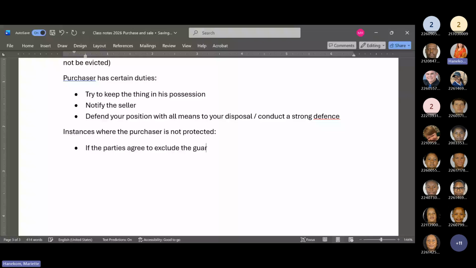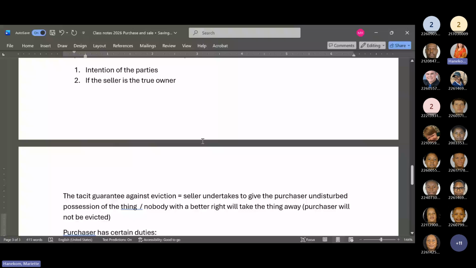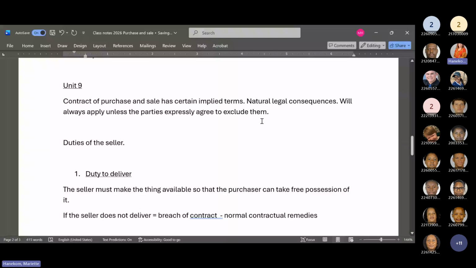Remember what I said when I started today? That these are natural legal consequences. They will always apply unless the parties expressly agree to exclude them. So obviously, if you have agreed to exclude this guarantee, you cannot subsequently want to rely on it.